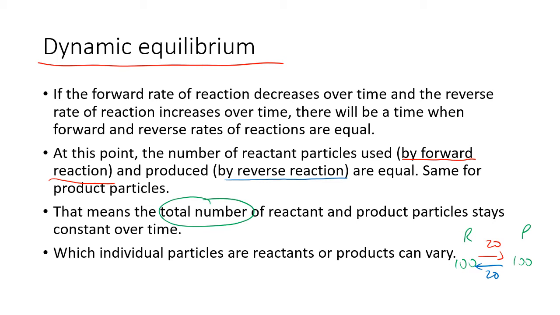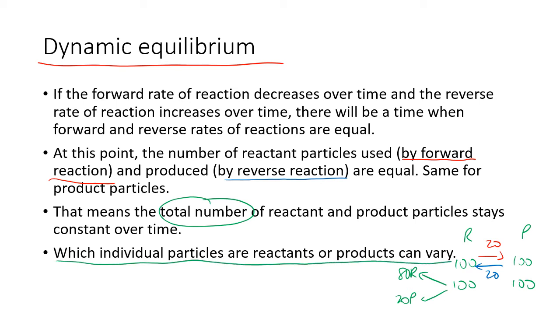You would end up with 100 at the next second. However, out of those 100, 80 would have been reactants initially in the last second, and 20 would have been products previously, but they were just changed into reactants again. So that's what I mean by saying which individual particles of reactants and products can vary.